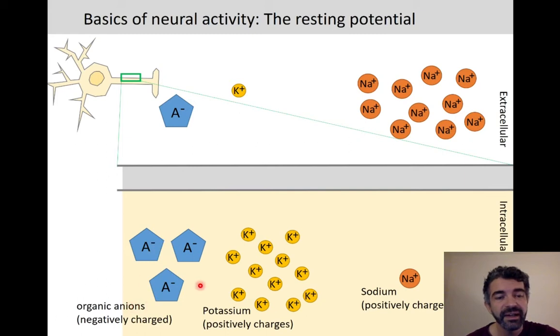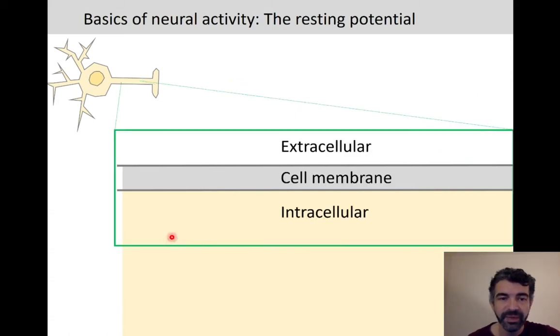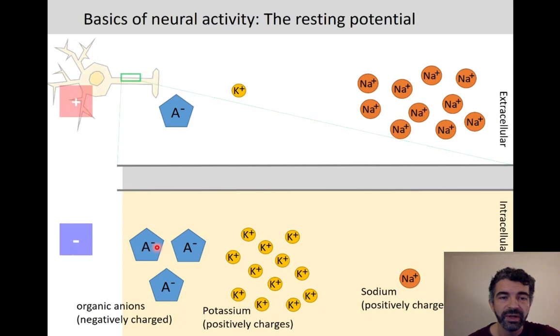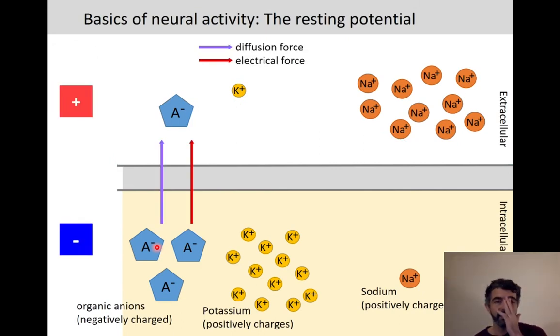So the organic anions are negatively charged. Because the outside of the cell is more positive than the inside, they're driven by the electrical and the diffusion force to the outside. Why is that?